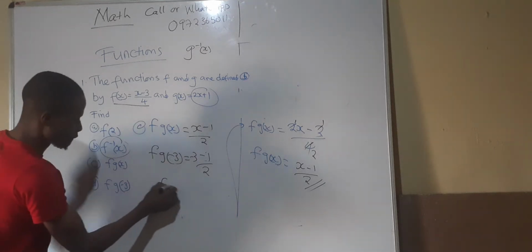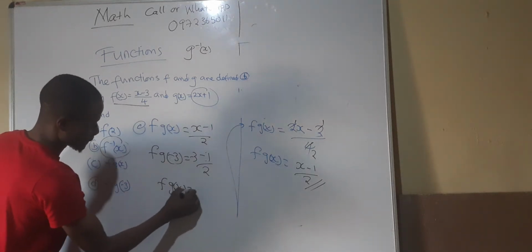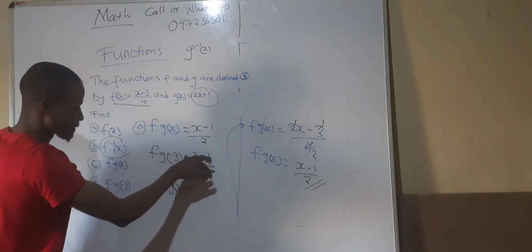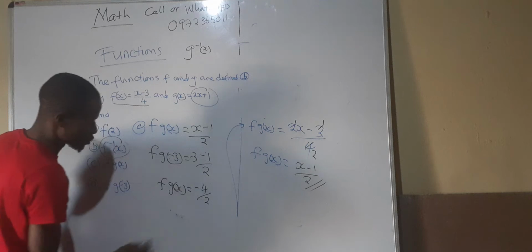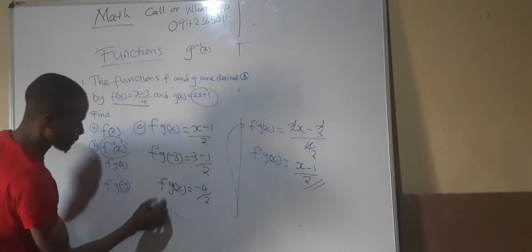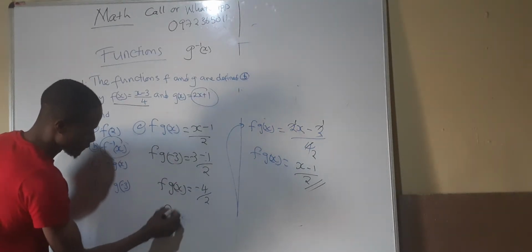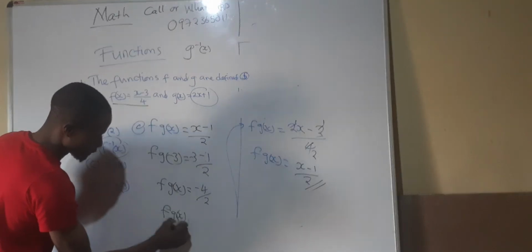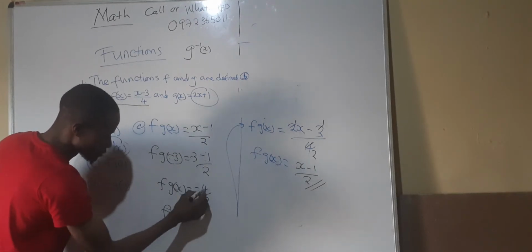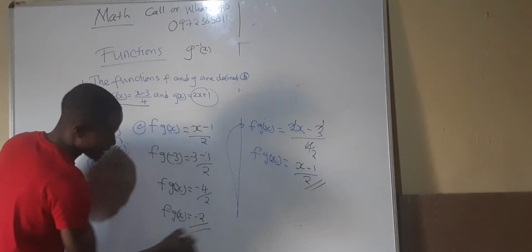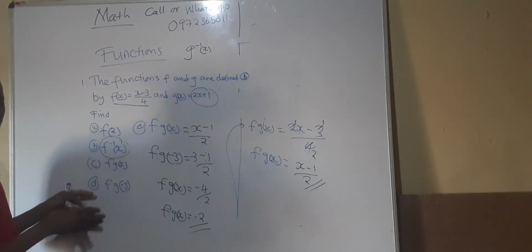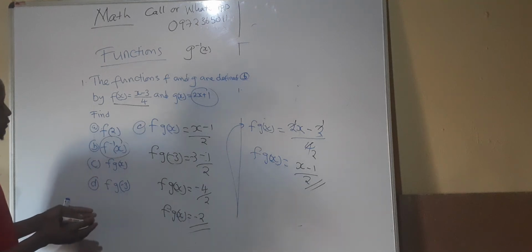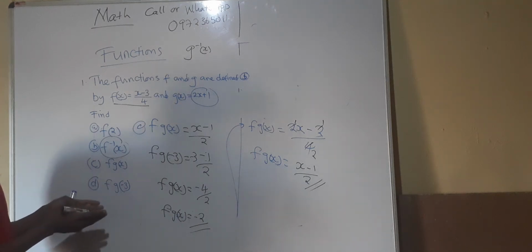So fg of negative 3 is equal to negative 3 minus 1, which gives negative 4 over 2, which becomes negative 2. So that's how easily we can answer these questions. No matter how much they shuffle the question, you're still always going to do the same thing.